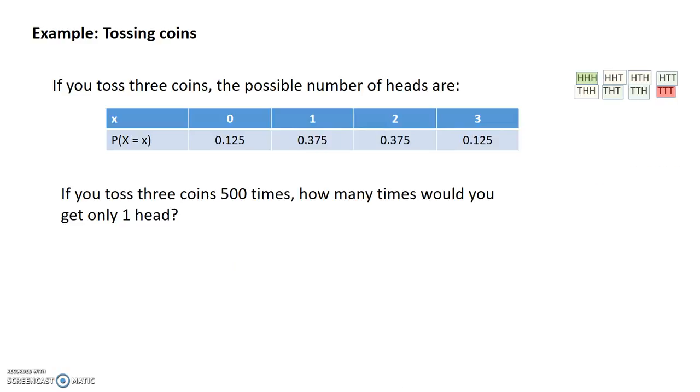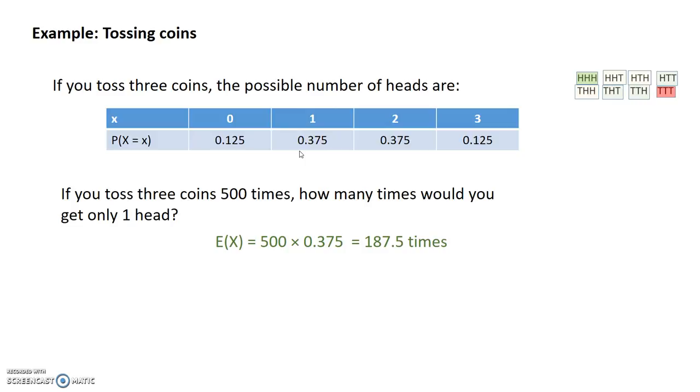What is really useful here also is to think about what's going to happen if I repeat the experiment lots and lots of times. So if I were to do the same thing, toss 3 coins, but do it 500 times, how many times out of those 500 would we see 1 head? Well, if we did it 1 time, potentially 0.375 of a time you'd get 1 head.